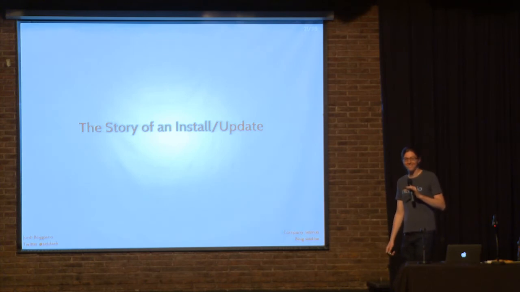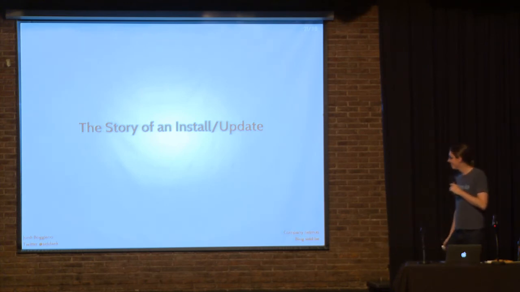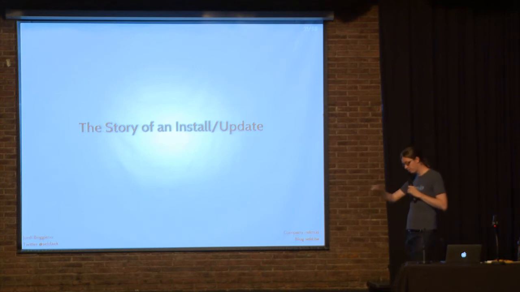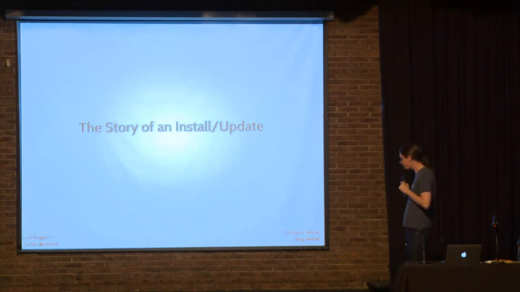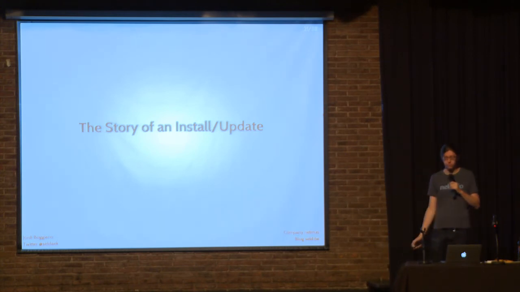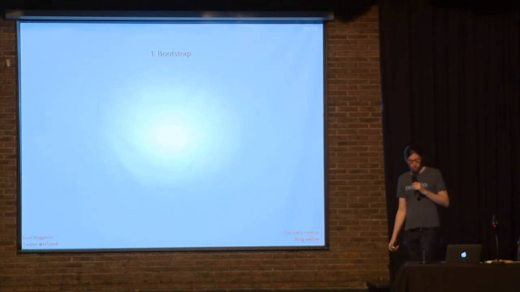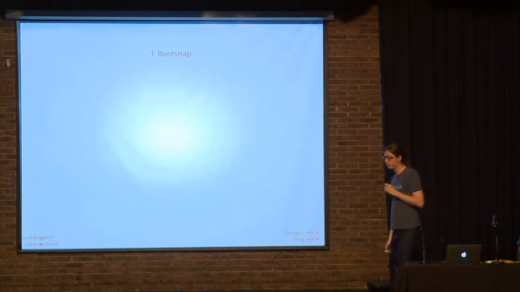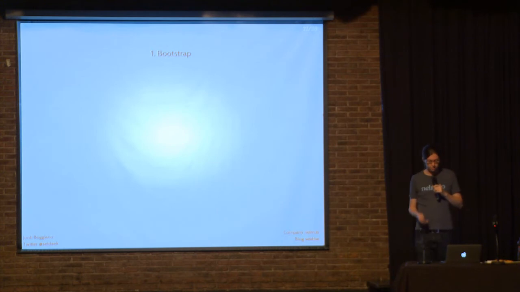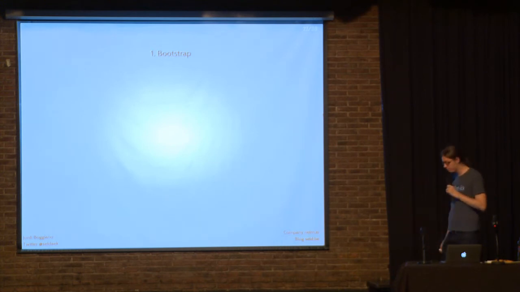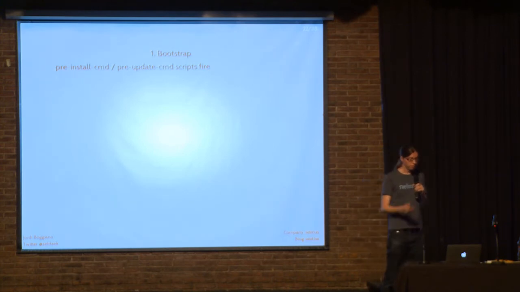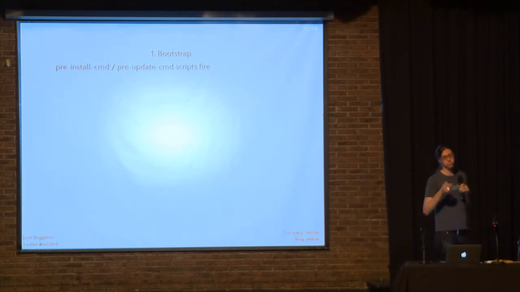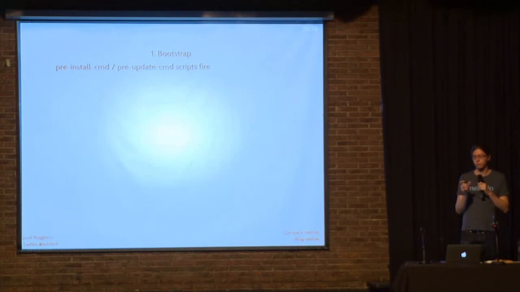Are we done? Okay. So now I just want to go through one workflow, one install or update flow, and mention a few things along the way, and hopefully this also clarifies a couple of things for you. So first of all, there's this bootstrapping process, setting up tons of things, reading the composer.json, etc. Also you have those scripts which run at this point.